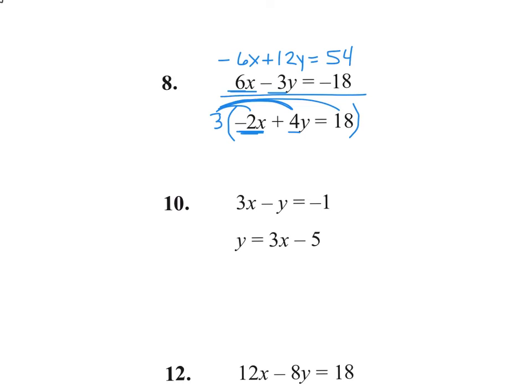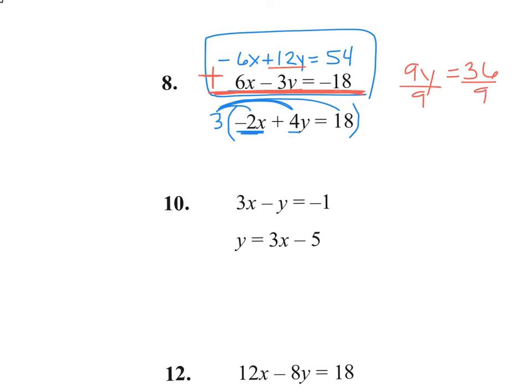Okay, so now here's my two equations that we're going to solve the system with. We're going to add these because they're opposites. So negative 6 plus 6, your x's go away. 12 plus a negative 3 is 9y. And then 54 plus negative 18 is 36. And we'll divide by 9. So y equals 4. Okay, and then once we have our y, we can plug that into any of these equations.